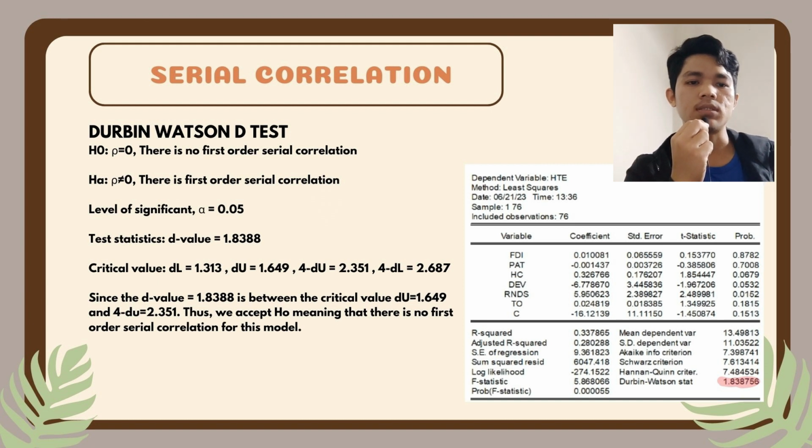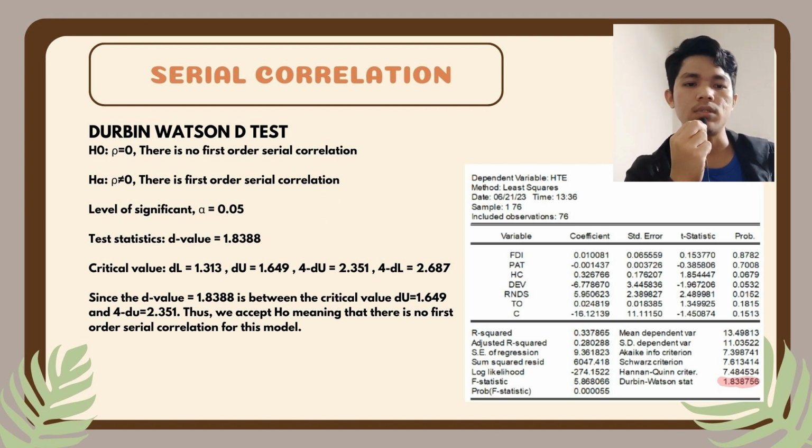For the Durbin-Watson d-test, we want to test whether there is first order correlation or not. Therefore, our H null is rho equal to 0 and H alternative is rho not equal to 0. We set our level of significance to 0.05. The d value for the test statistic is 1.8388. The critical values are dL equals 1.313, dU is 1.649, 4 minus dU is 2.351, and 4 minus dL is 2.687.